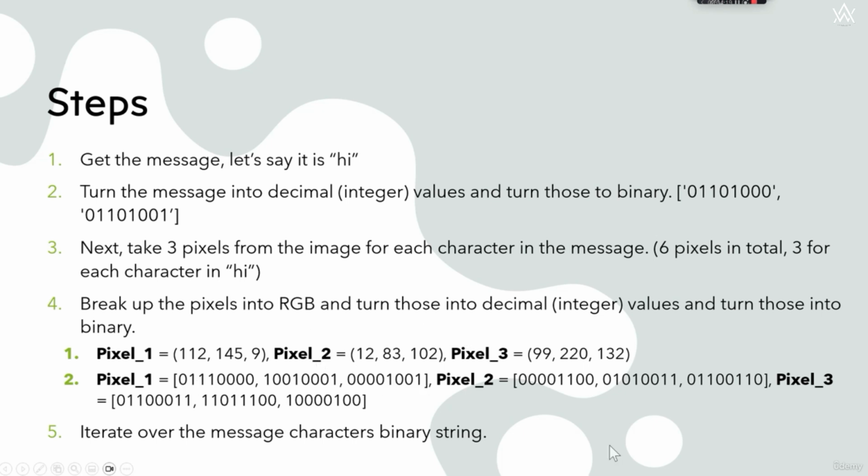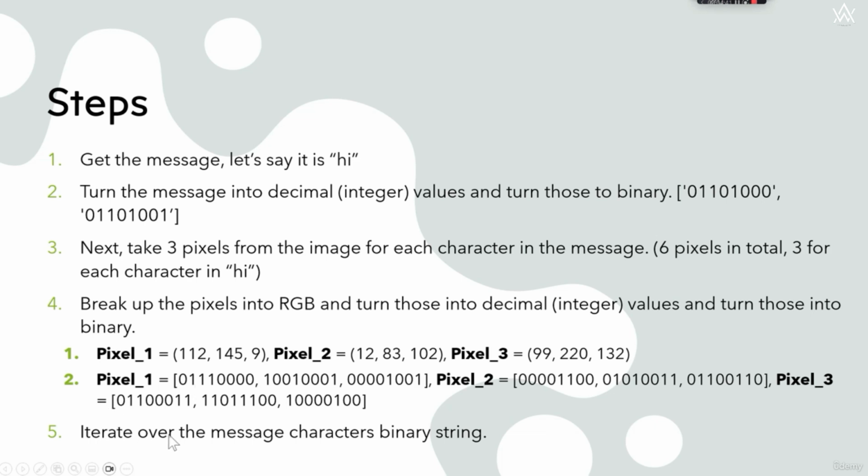These 3 pixels together will encode the letter H. Now you might be wondering, hey, H is only equal to 8 binary digits. Why do we need 9 colors to alter? We're getting there, I promise.